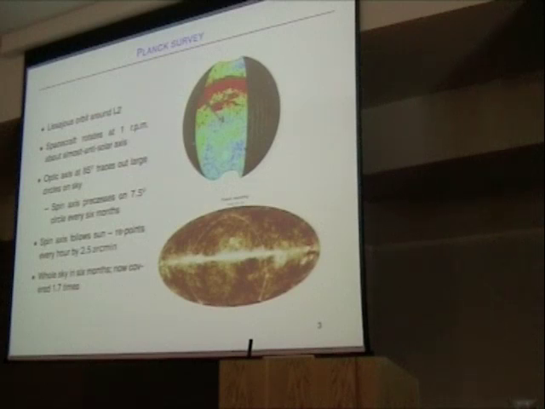And then the spin axis slowly rotates around, keeping the sun anti-solar. So within about 6 months you cover the sky once. There's a small precession that's put on this as well, with a 6-month period, just to make sure that we cover these holes that would otherwise be present at the north and south galactic poles.